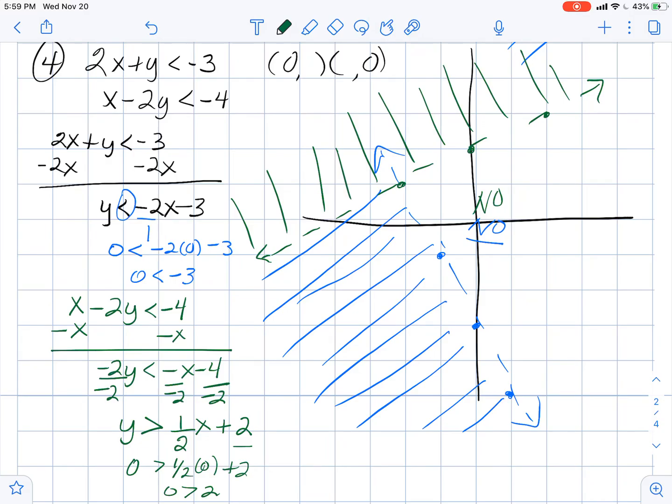Okay. Now again, I did not quite extend my blue out far enough. So if we do that, we can extend it. So there's my graph. So the place where I see both blue and green is going to be in this area.